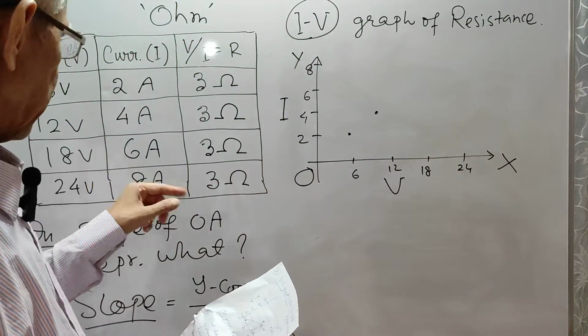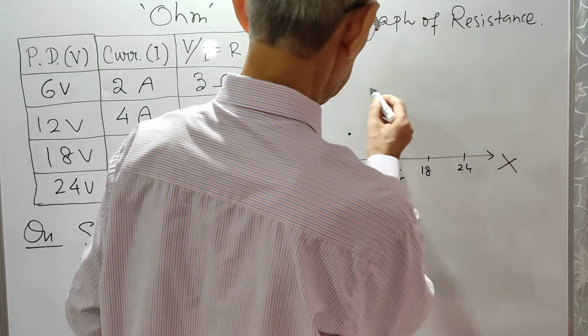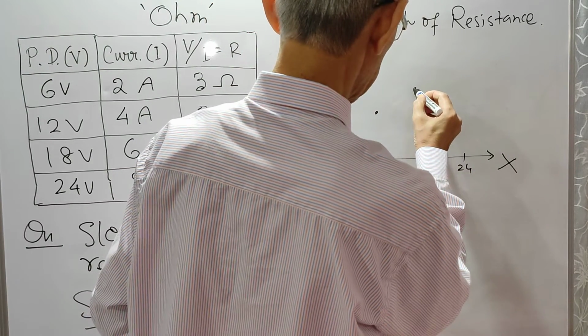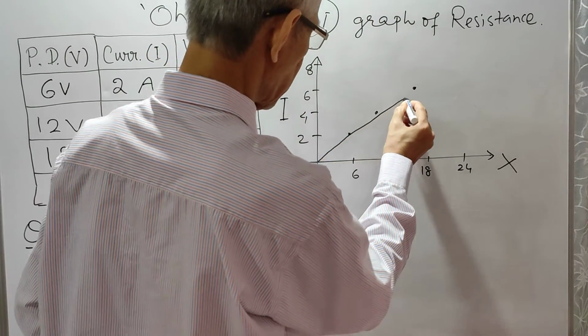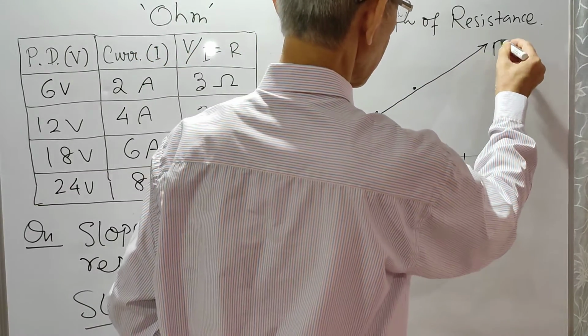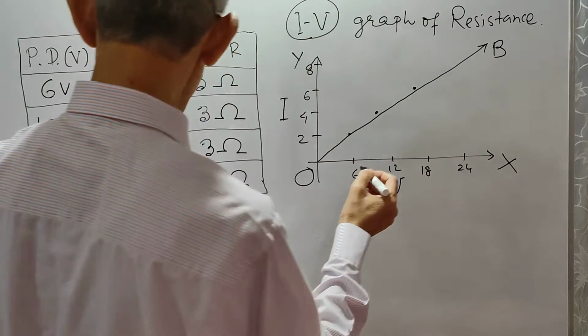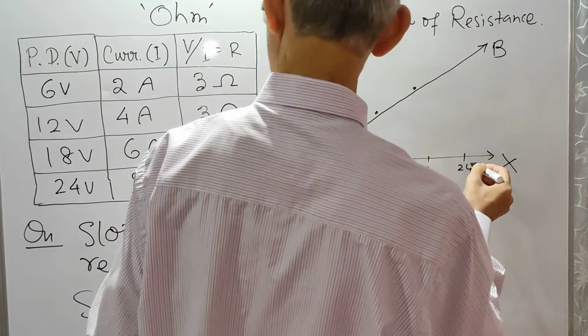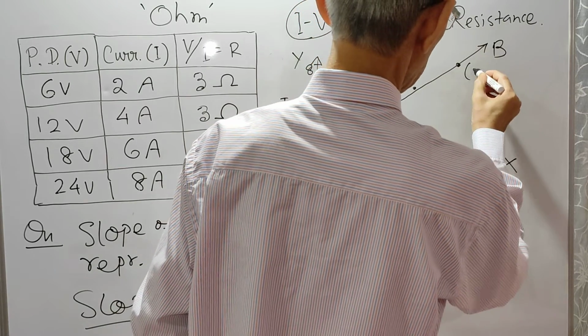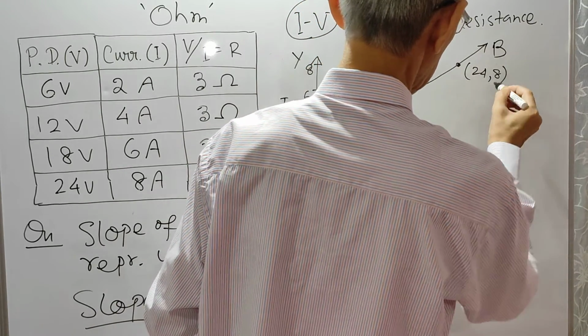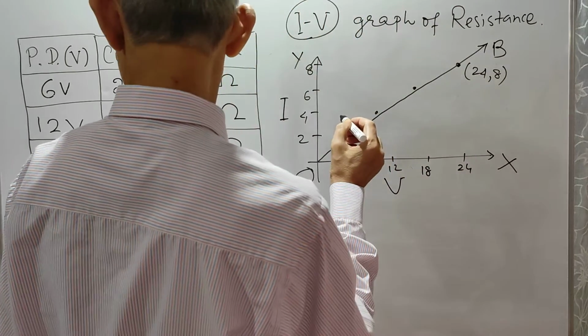Then 18, 6 will be somewhere here. Then joining these points, again you will get a straight line. The next point is 24, 8, which will be somewhere here. So this is 24, 8. This point is 18, 6.